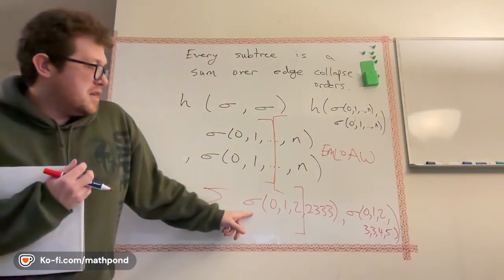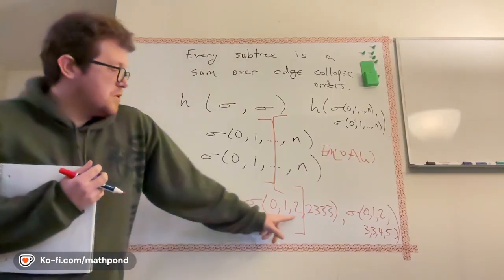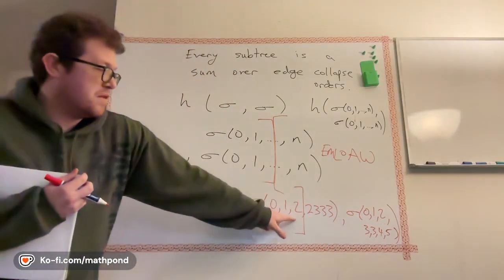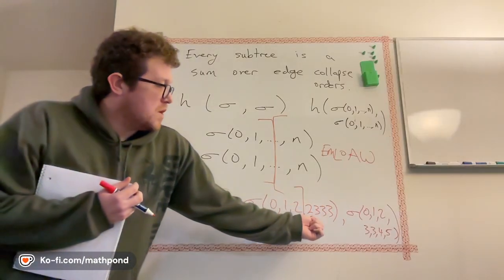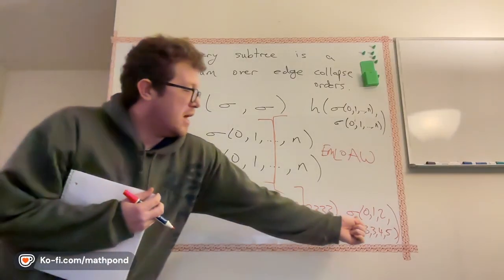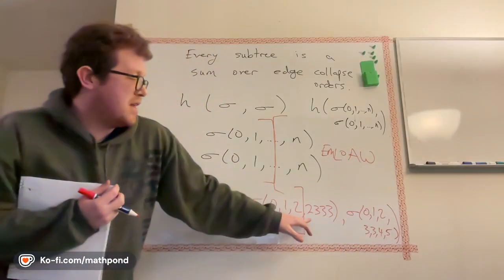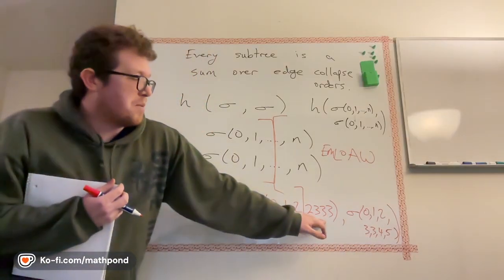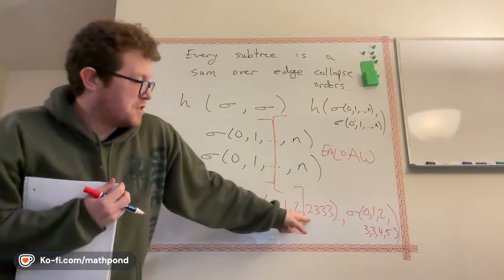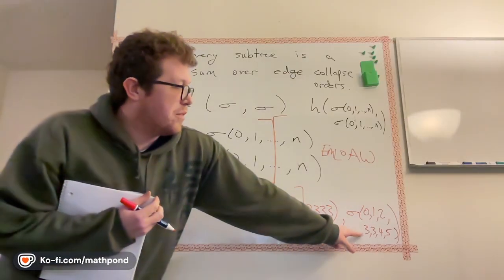We split the ith face at 0, 1, 2, so we have sigma 0, 1, 2, sigma 0, 1, 2. Those are the same for both of them. But then there was a 2, 3, 4, 5 here, and it got split into 2, 3 and into 3, 4, 5, and then we used repetitions to increase the degree to be the right size. So that's why we have 2, 3, 3, 3 here, and 3, 3, 4, 5.